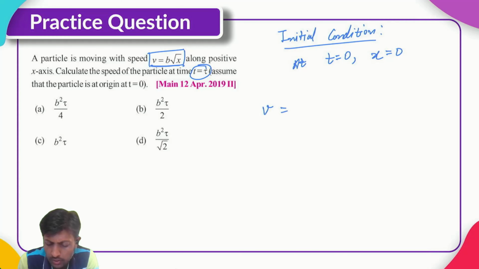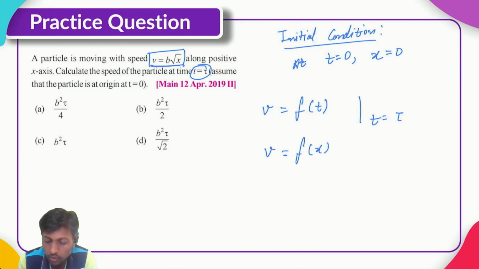If we had velocity given to us as a function of time, we would be able to figure this out directly by substituting t equal to tau. But what is given to us is velocity as a function of x or displacement. So how to go about it now?